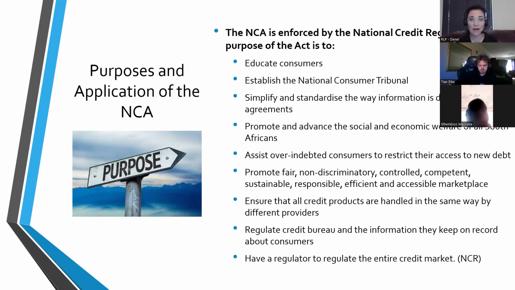So do you hear it's a mouthful? This is what we are trying to achieve. We want to make sure that if we do everything correctly, this will be the outcome for the credit industry.